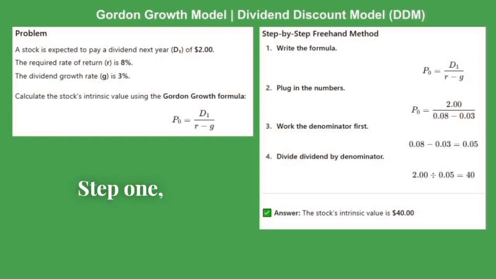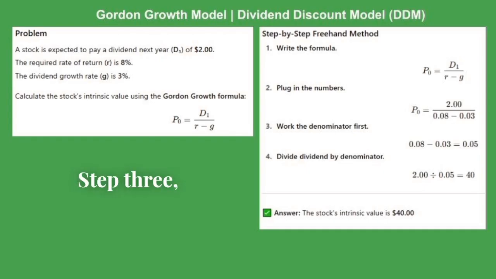Step 1. Write out the formula. Price 0 equals $2 divided by 0.08 minus 0.03. Step 2. Calculate the denominator. 0.08 minus 0.03 equals 0.05.